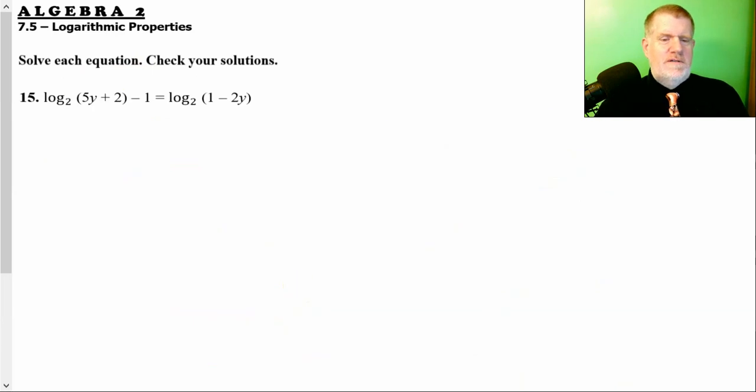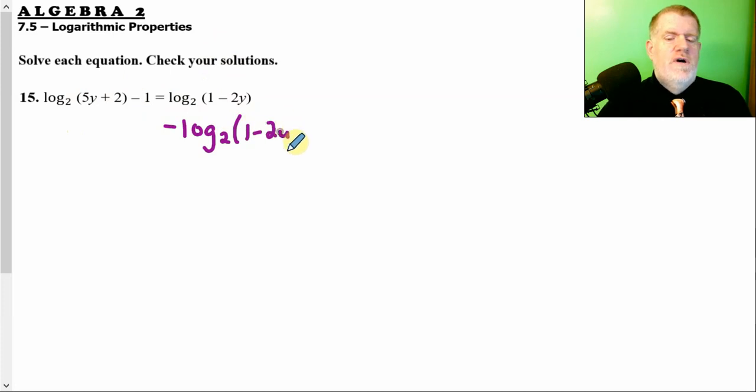All right. Now what do we do here? Now we got a minus 1. That minus 1's kind of screwing it up because I got to have a log of something. So what do you do? Well, what we can just do is this. I'm going to subtract log base 2 of 1 minus 2y from both sides of this equation.